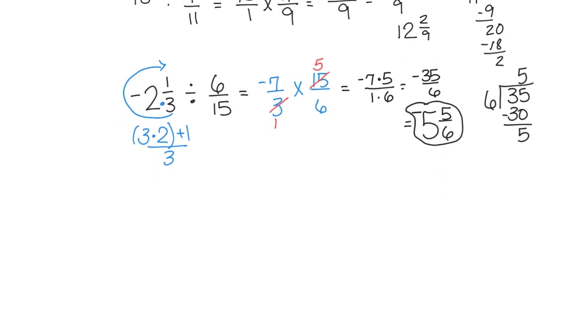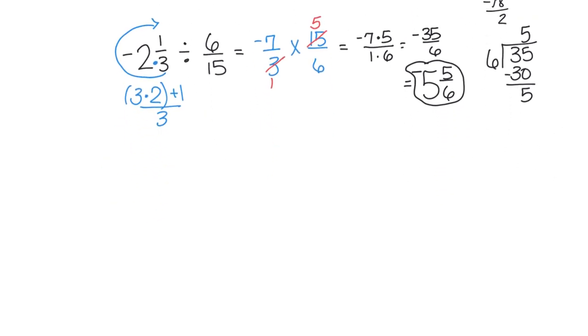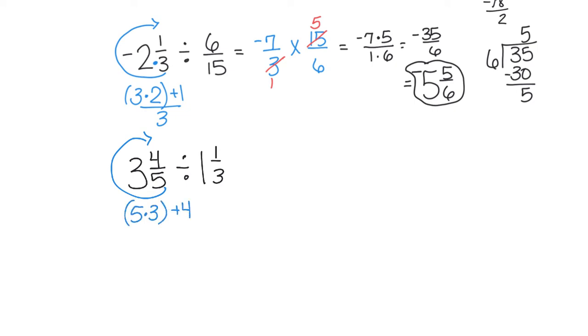Where students get confused is if they have a mixed number divided by a mixed number. They tend to forget to reciprocate the second fraction. So before they work it, they need to do the backwards C, 5 times 3 plus 4, and divide it by 5.